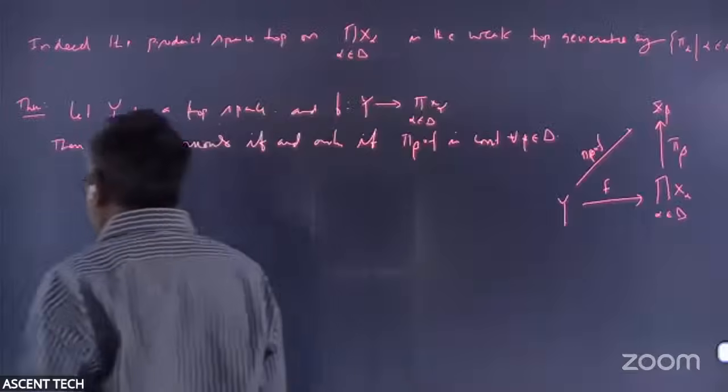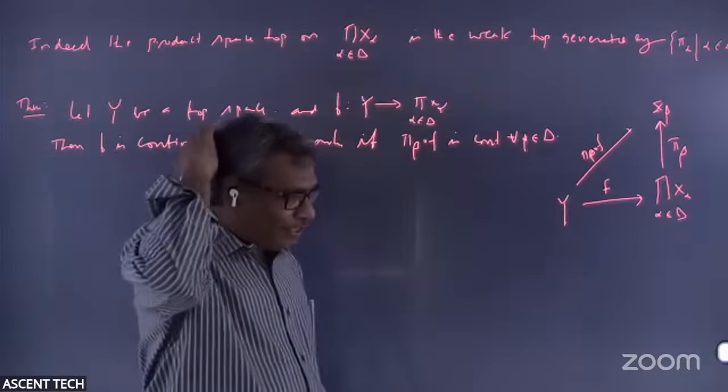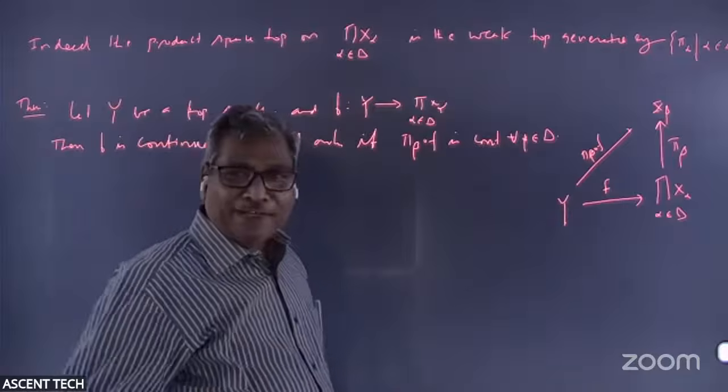And so therefore, same argument. Basically, it needs to pull back into an open set from X beta to the product of X alpha, from there to Y. So that means X beta to Y will be open. So nice. Right. Actually, it's just a matter of notation. If the notation sinks in, these are obvious.